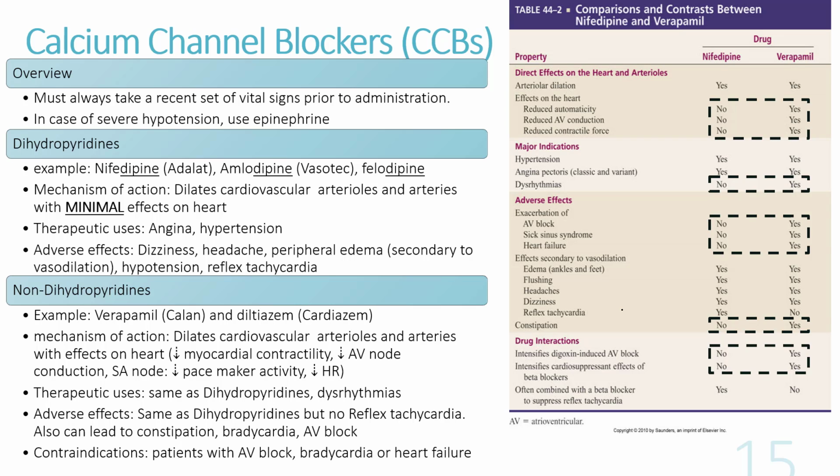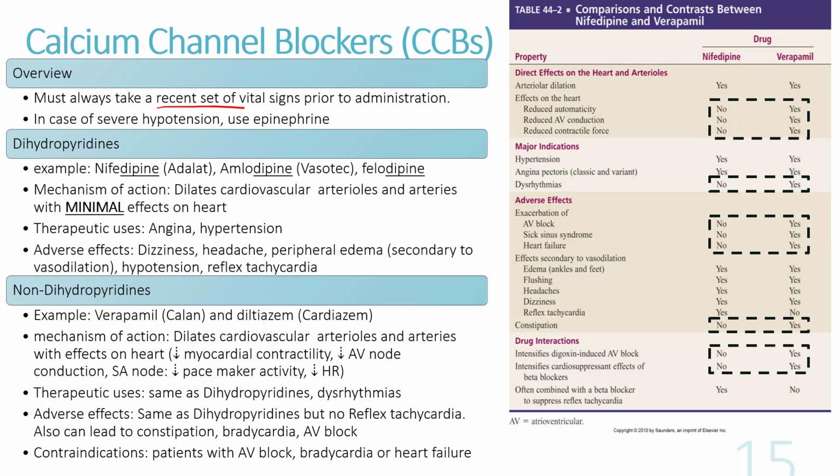Okay, now the thing with calcium channel blockers is because it can drop blood pressure, you need to take a set of vital signs prior to administration, not only blood pressure but also heart rate, and in case of severe hypertension, you need to be able to administer epinephrine.